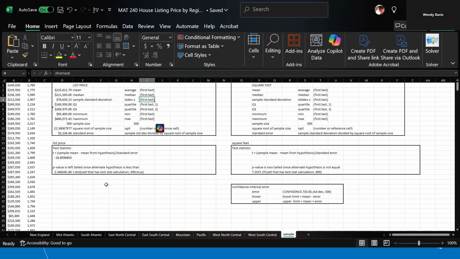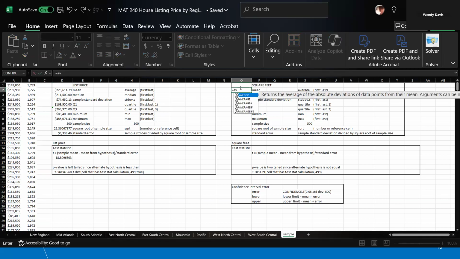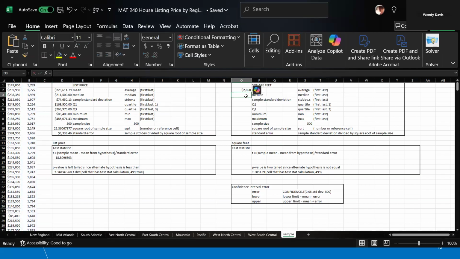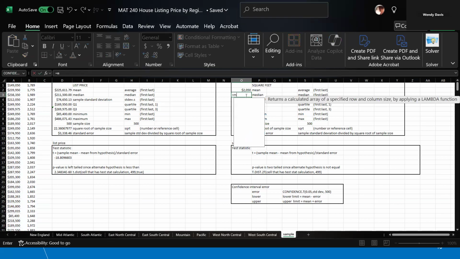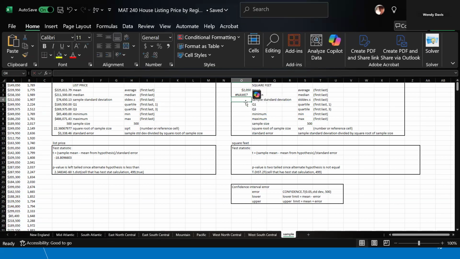Let's do the same thing for square feet. Square feet is our column B. Okay. So we have equals average, B1, B500, equals median.